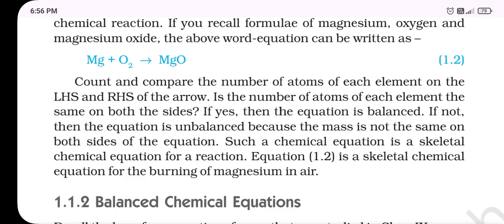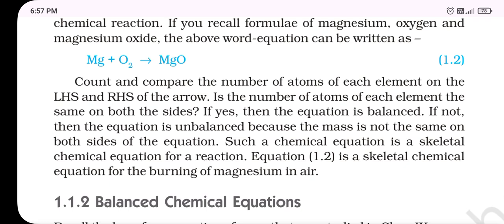The atomic weight is 56 at the left side. At the right side is MgO, where Mg is 24 and oxygen's atomic weight is 16, so it forms 40. The atomic weight at the left side and the right side is not equal, so we have to balance it.